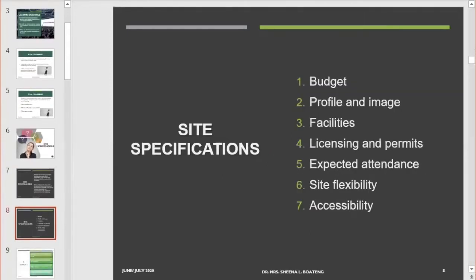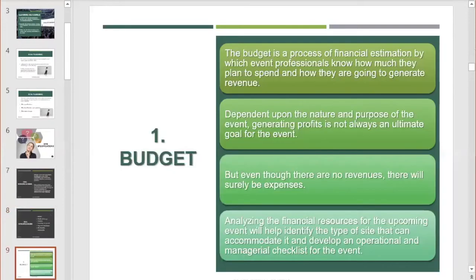These include budgeting, profile and image, the facilities, licensing and permits, expected attendance, site flexibility, as well as accessibility. So we are going to explain each of these one after the other. Let's start with the budget.